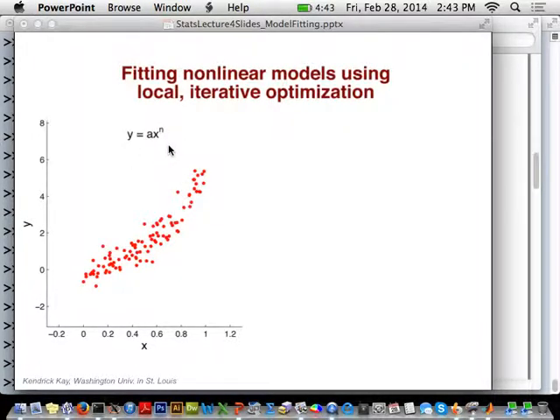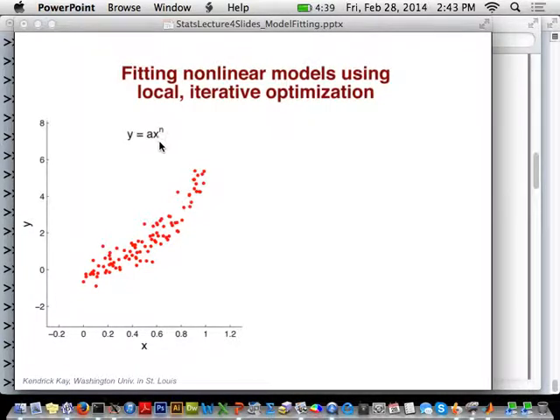If you remember from the previous lecture, this is what I call a parametric nonlinear model. It makes strong constraints on what the relationship is. It says I believe y is related to x through this kind of exponentiation operation. It doesn't have to be the case, but let's assume I'm happy to start with this form of the model.